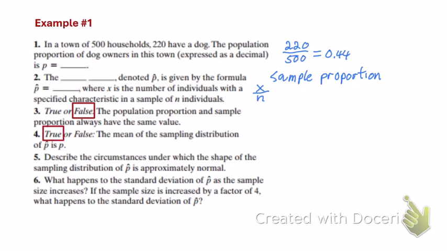Yeah. The center of the true sampling distribution is the same as the center of the population. All right. Describe the circumstances under which the shape of this sampling distribution of p hat is approximately normal. Well, what has to be true?